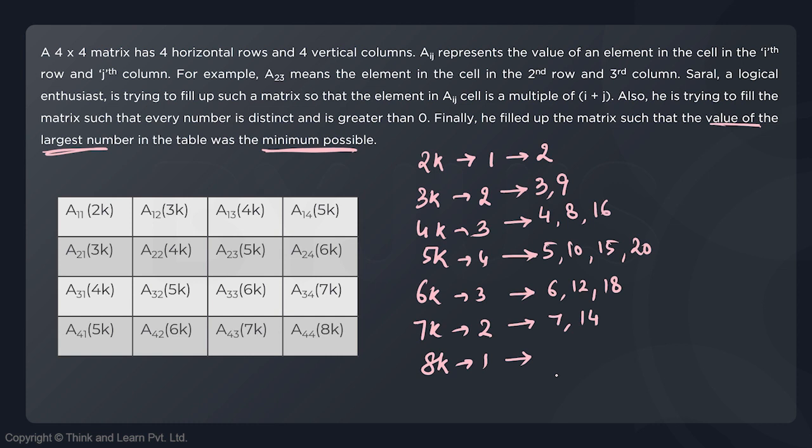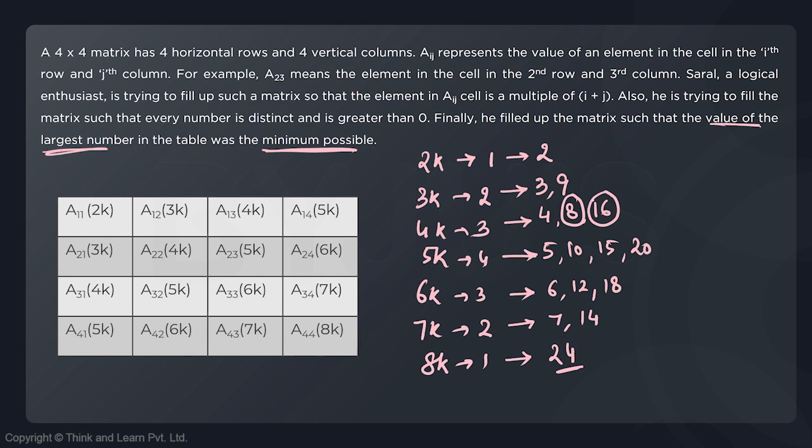Now that multiple of 8, I can't take as 8 because it is already used here. I can't take 16, it is already used here. I will have to take minimum 24. That means I will have to go above 20. I do not have an option. So by that logic, I can say the minimum possible largest number that I have to use is 24.